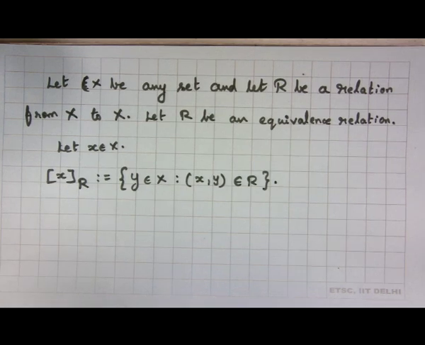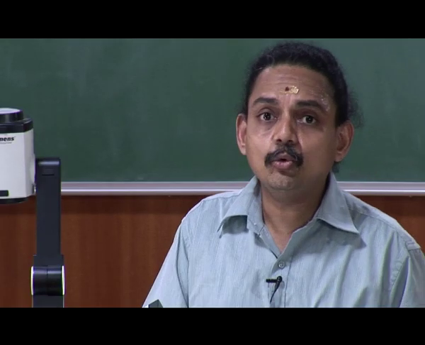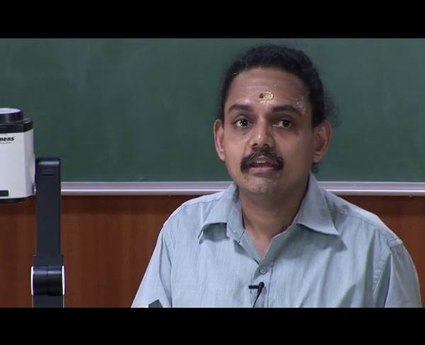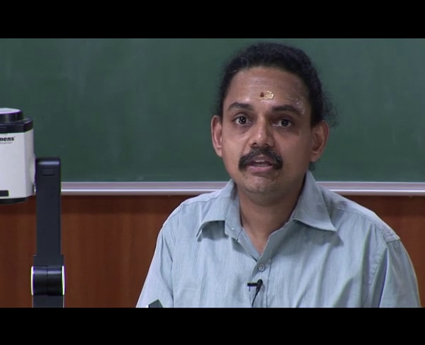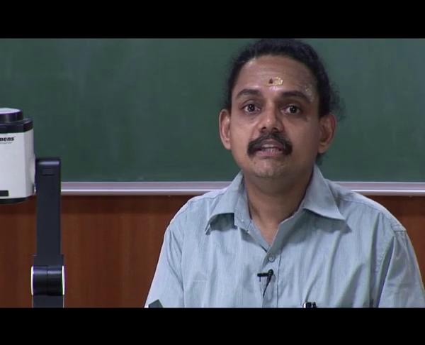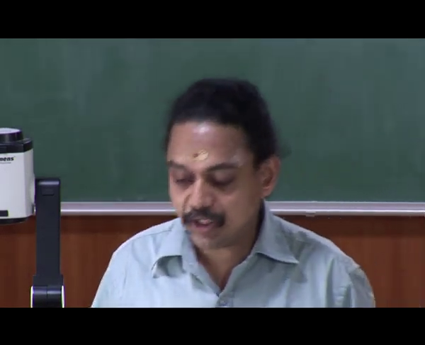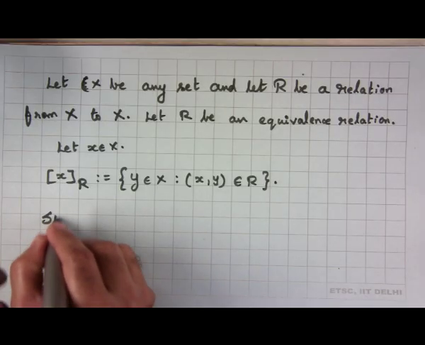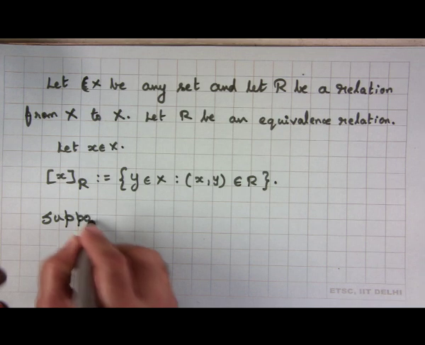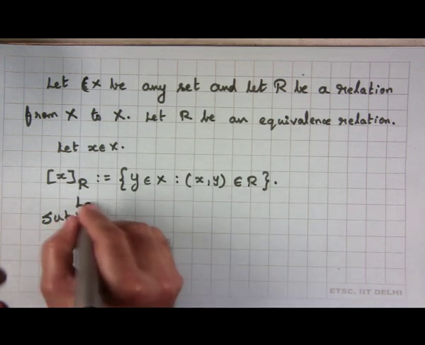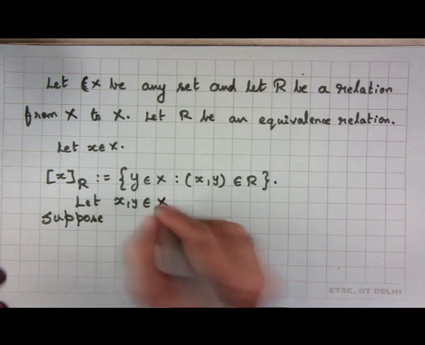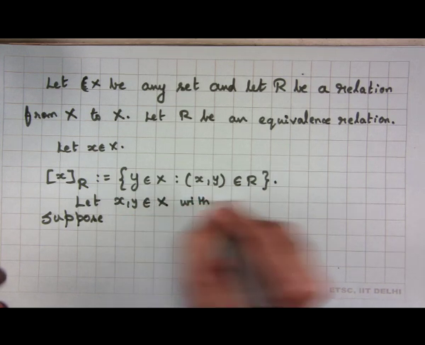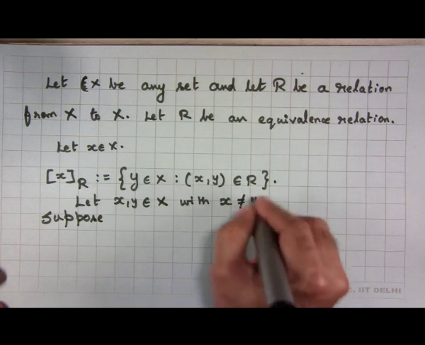This was the set that we had, and in fact last time we conjectured that for any two distinct x and y, box x intersection with box y, either it is empty or box x equal to box y. Well, let us try to prove this. So, let x comma y belong to X with x not equal to y.